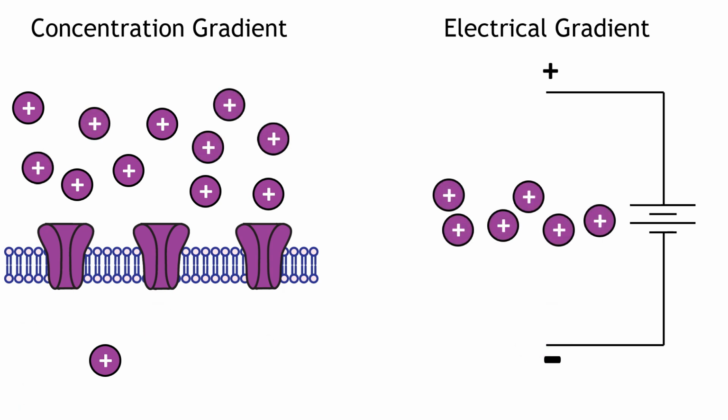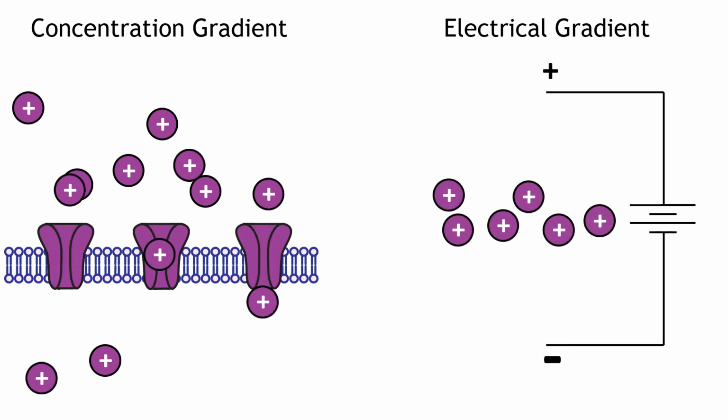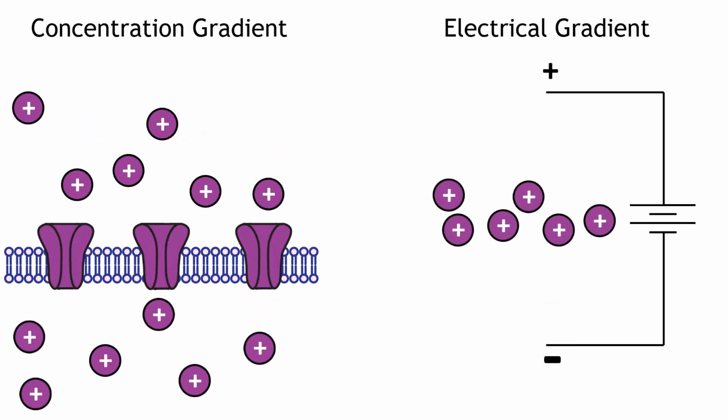The concentration gradient is when ions move from high concentration to low concentration. For example, if there's a higher concentration of sodium ions outside the cell than inside, sodium tends to flow inward when sodium channels open.